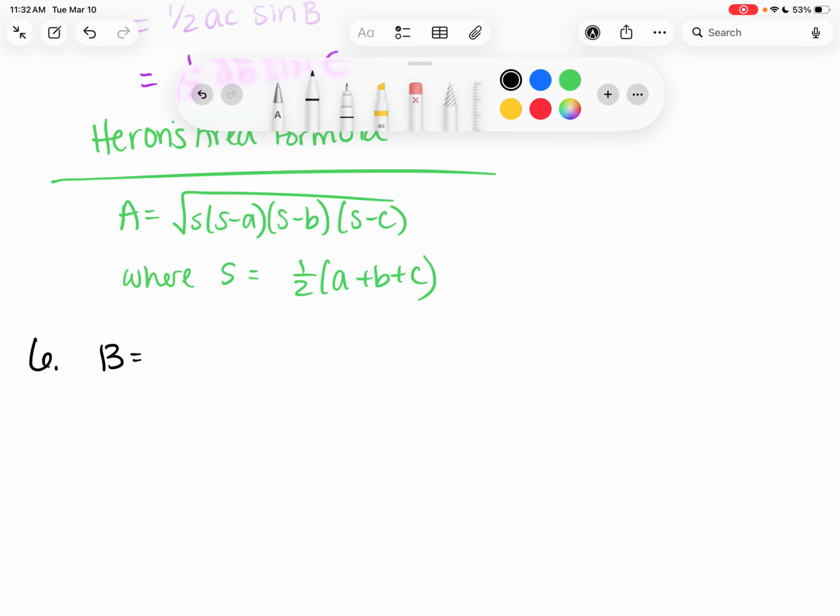Angle B is 35 degrees. I'm going to do this so I don't have to rewrite the whole thing. Side A is 43 and side C is 19.